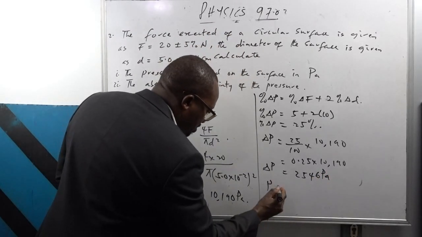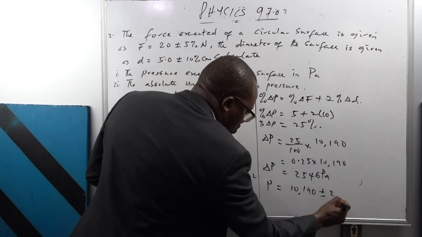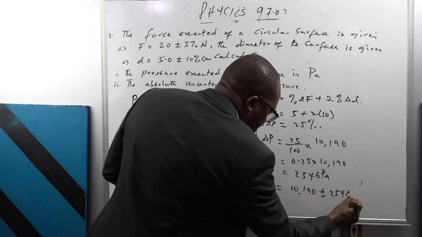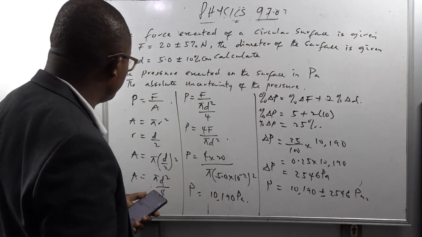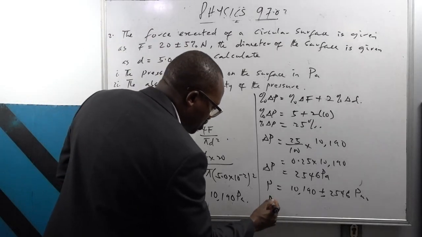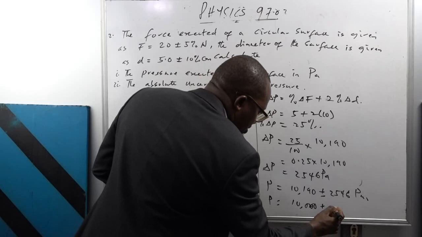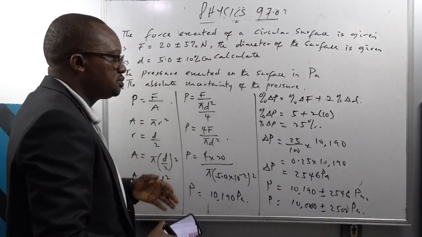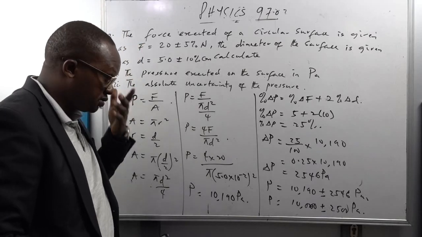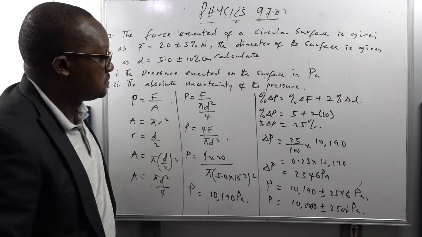So you can now write your pressure to be 10,190 plus or minus 2,546 pascals. And if you write this to the appropriate number of significant figures, you are going to have pressure becomes 10,000 plus or minus 2,500 pascals. Okay? All right.